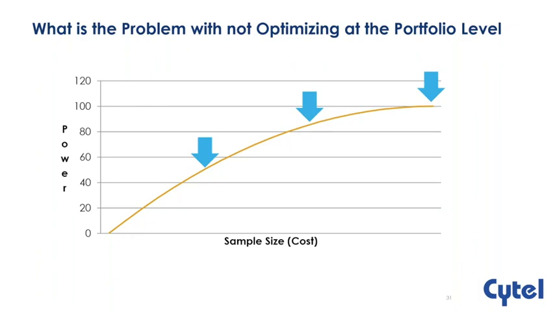What you want to do at the portfolio level is move your investments on the right-hand side to the investments on the left-hand side as much as possible. You want to put your money where that buck is worth the most. This is the reason why optimizing at the portfolio level is so important.